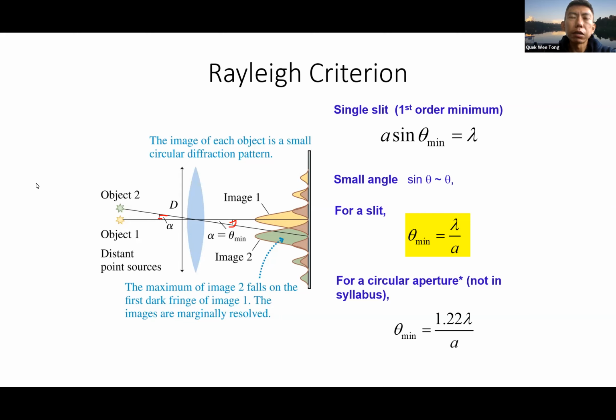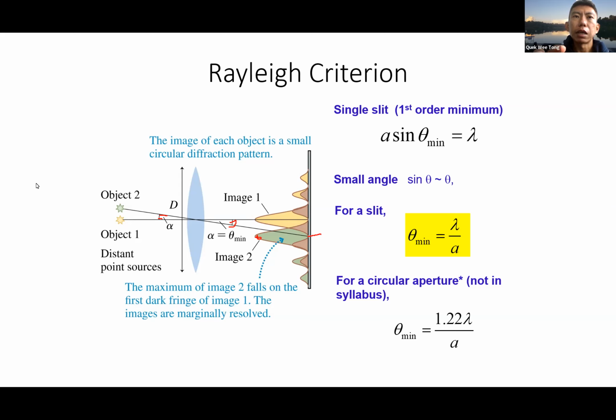So the angle here is the same, and if it's equal to the first order minima for a single slit, that means the position of image 2's central maxima will just nice coincide with the first order minima of image 1, and that will be the closest they can be.